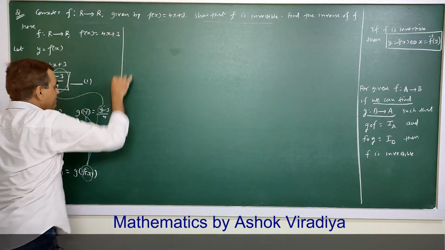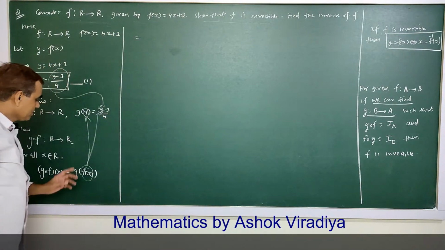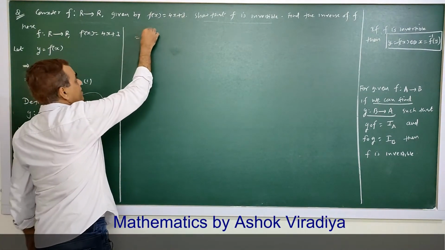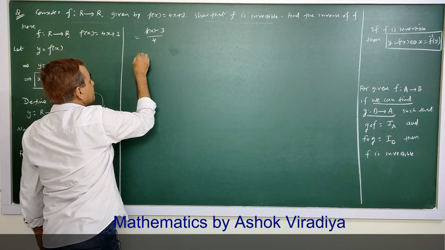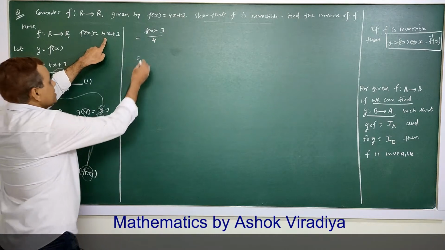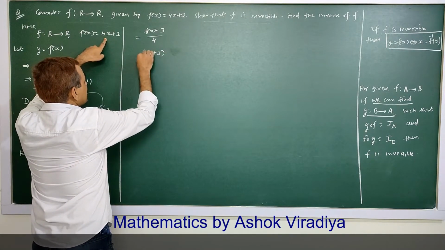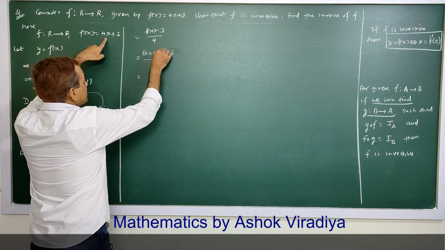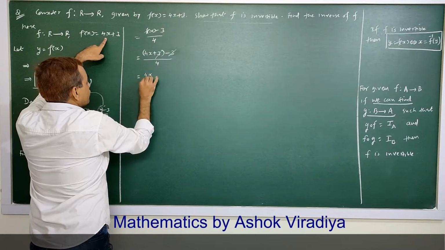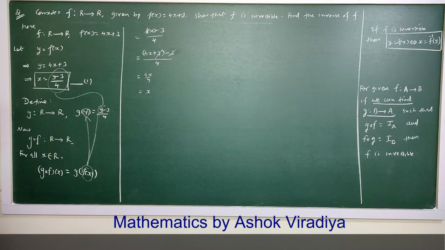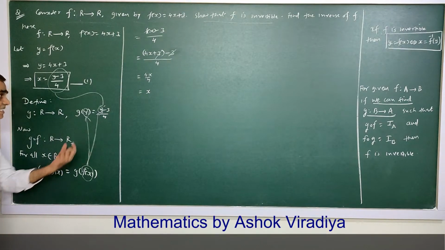Now the value of f(x). What is f(x)? f(x) is 4x plus 3, minus 3, upon 4. So the 3 cancels, 4x by 4, so it is x. So what is proved here? G of f of x is x.